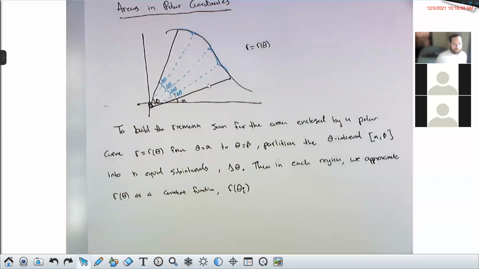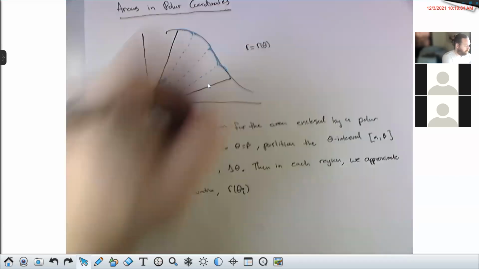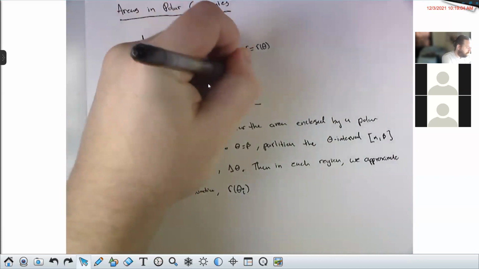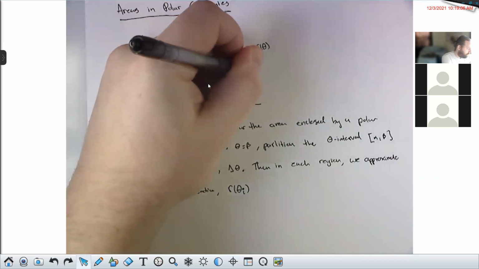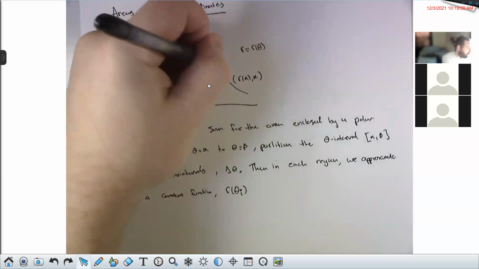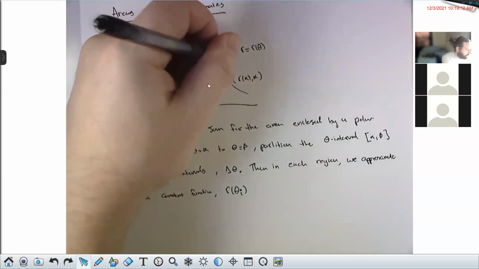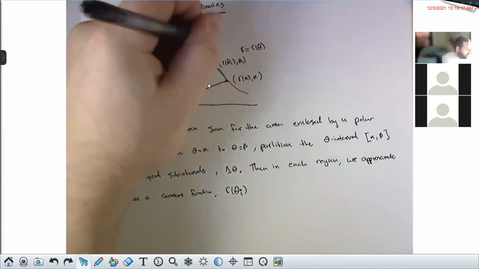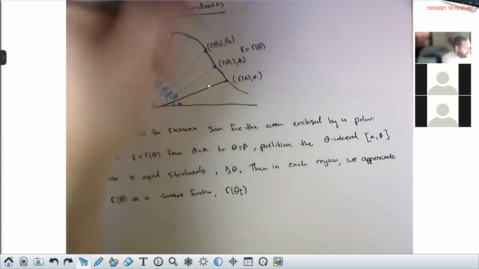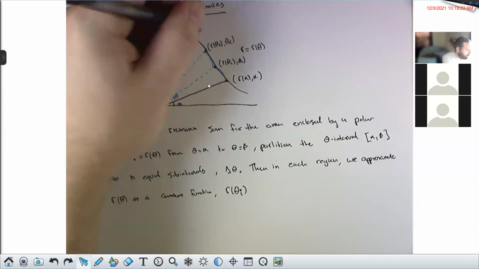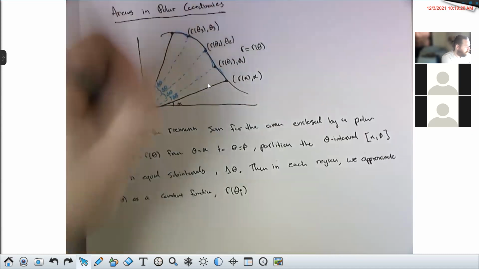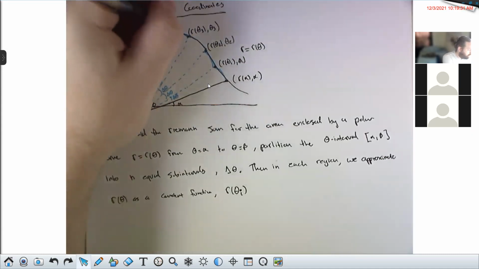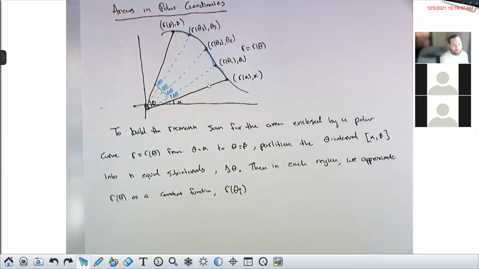This is like your height. So the polar point here would be r of alpha, comma alpha. The polar point here is r of theta 1, comma theta 1. Here is r of theta 2, comma theta 2. This is r of theta 3, comma theta 3. And this would be r of beta, comma beta. Beta would be like theta 4 here, and alpha would be like theta 0.